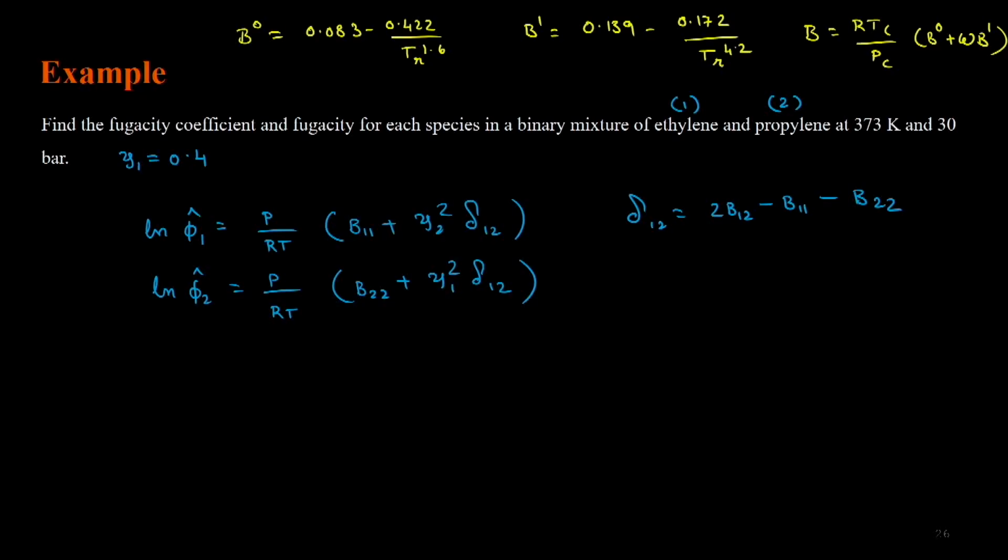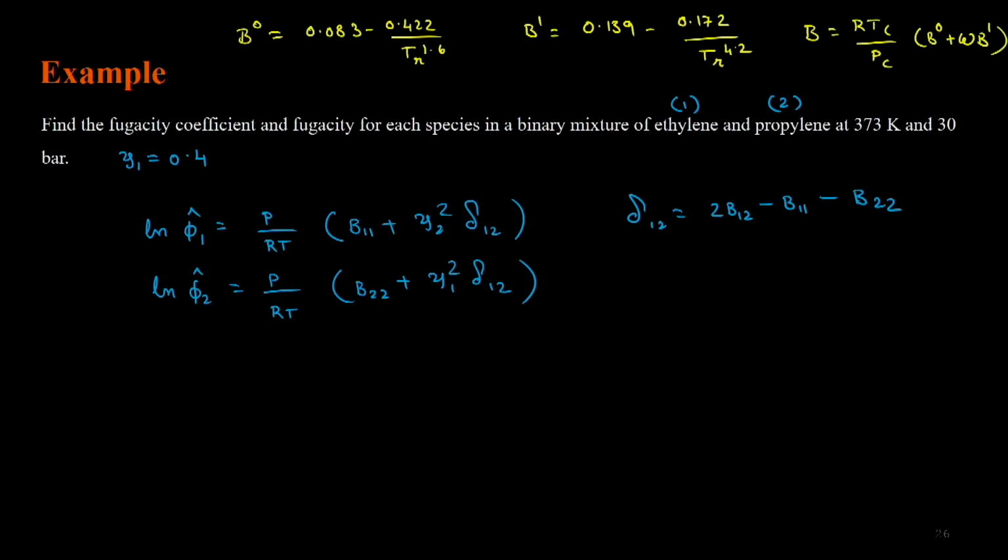So once I have these three virial coefficients, I can come back and use them along with the other information in these two equations to get the fugacity coefficients of the two species. So my first task is to obtain the three virial coefficients, and we're going to use the equations listed above to obtain B0, B1 and hence Bij.